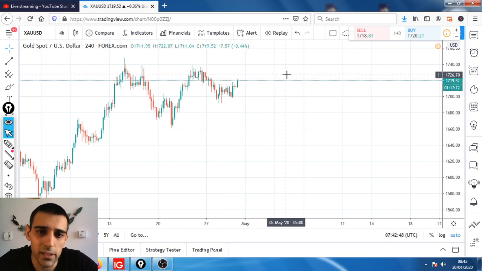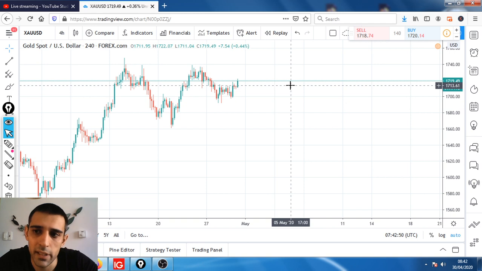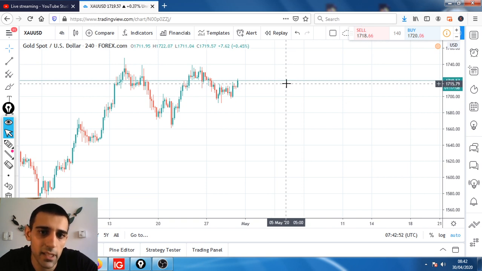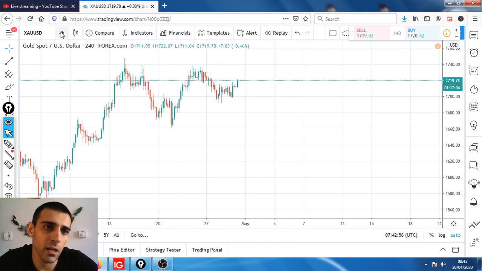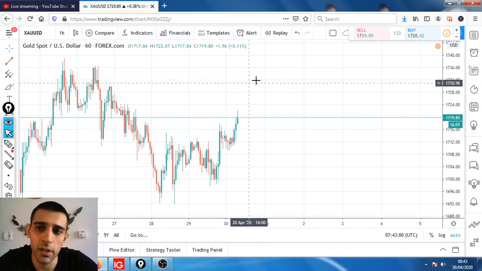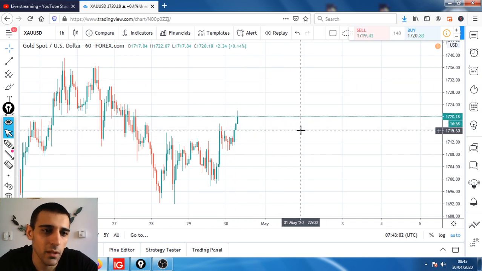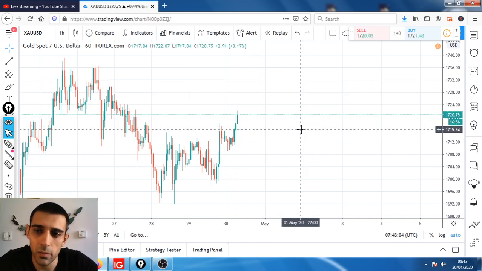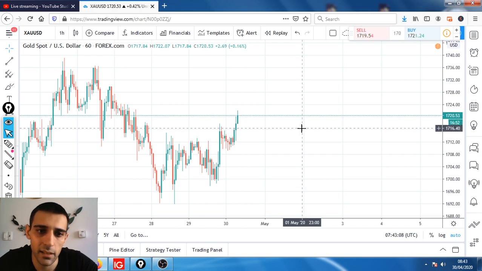Wait for the 4-hourly candle to close and then ideally retrace to the 1717 zone. Then you can use that as an entry to get on and run it to 1730. As for the stop loss, let's say we go 1717.